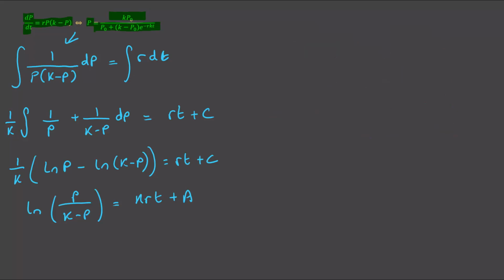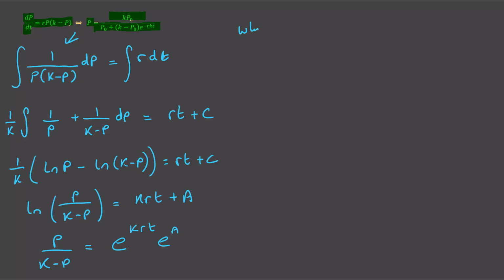Now I'll just pause there and remove the stuff on the right-hand side of this because we've already used that. So we've got p over k − p equal to e to the krt plus a, which we can write as e to the a times e to the krt.